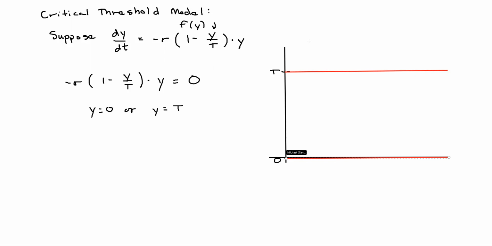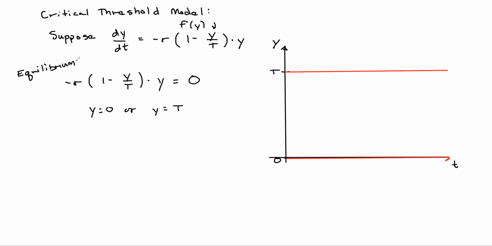And we end up getting the same value for all t, right? If you start off at T, then dy dt is 0. So you end up with a horizontal slope, which gives you a horizontal line. Right? And just to remind you, this is the t-axis, and this is the y-axis. Okay, so there are our equilibrium solutions. That's step 1.